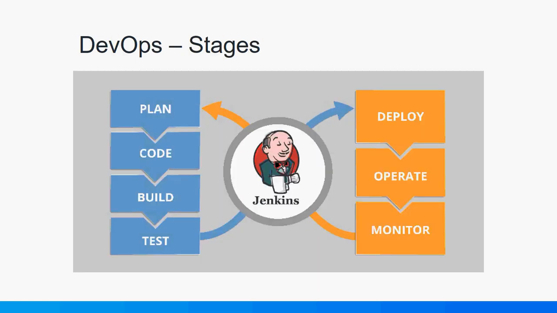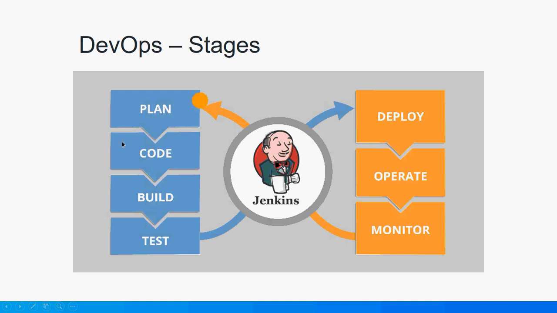So these are the basic stages in DevOps. You start with planning, coding, build, and test, and then you move to deploy, operate, monitor, and this cycle keeps going in this direction.